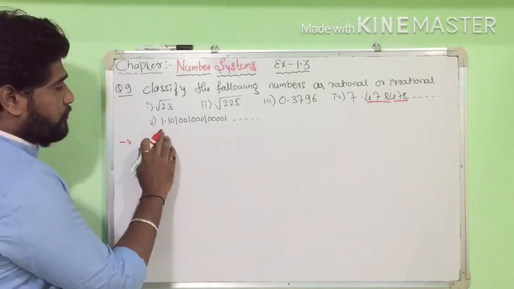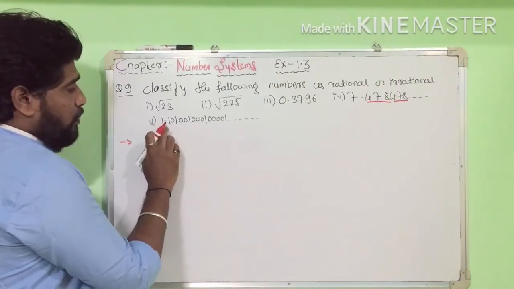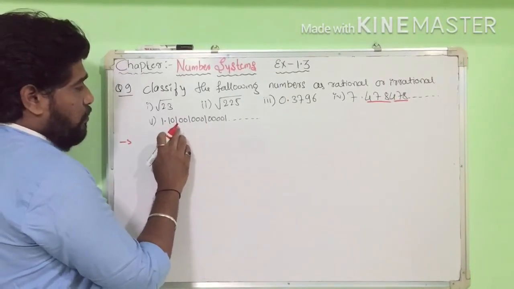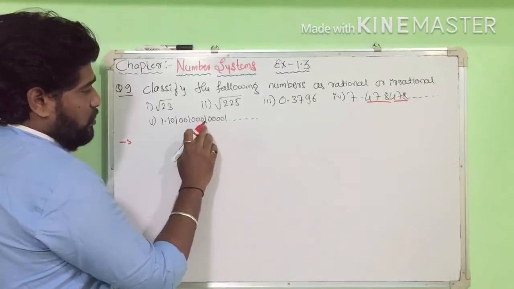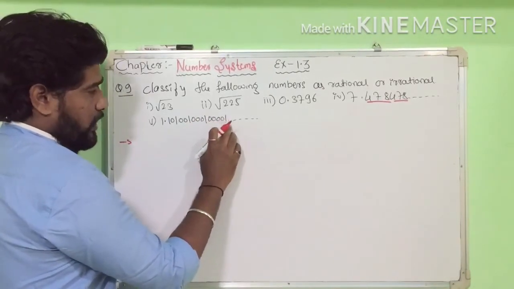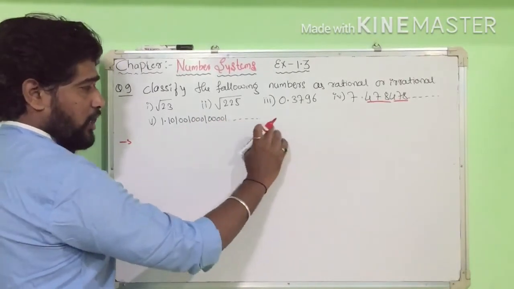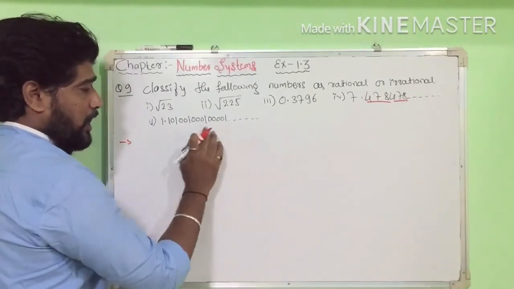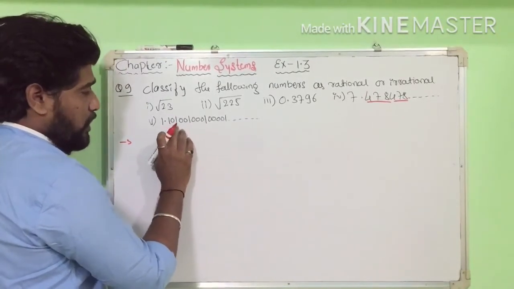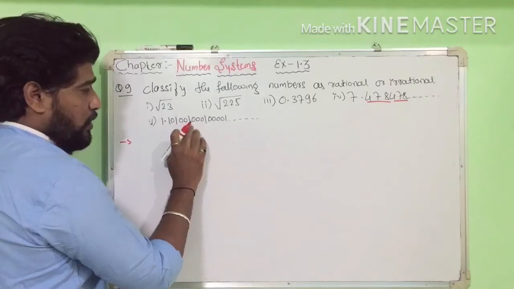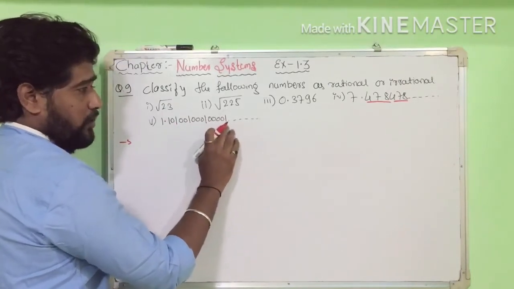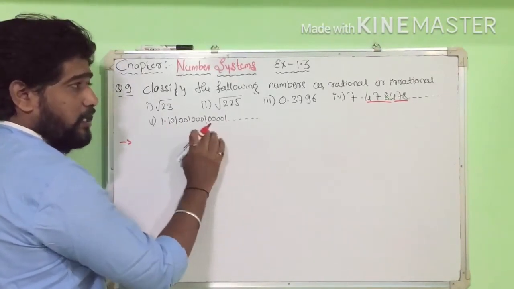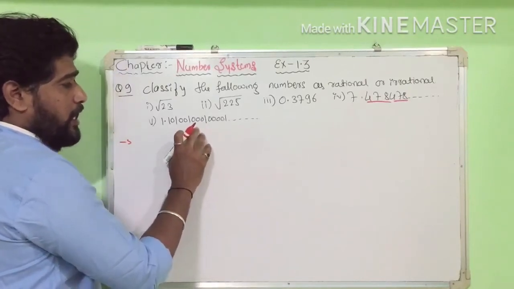And the fifth one is 1.101001000100001 and so on. It is non-terminating and also non-recurring. See here, the zeros keep increasing, so it is not recurring. So it is an irrational number.